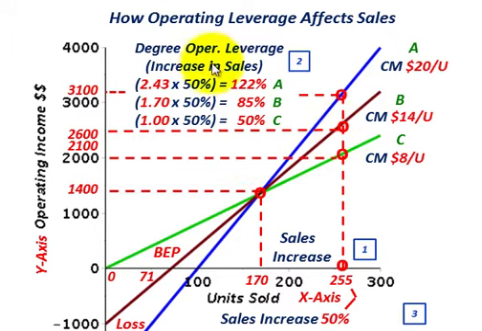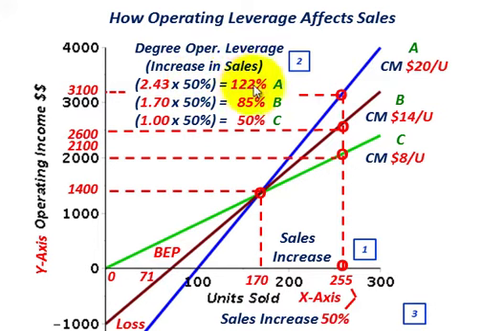So going back to our example, this is where we're going to look at our increase in sales. This is our operating leverage that we calculated for each of those different cases, A, B, and C. So if we're looking at alternative A, the degree of operating leverage that we calculated was 2.43 times 50% increase in our sales.